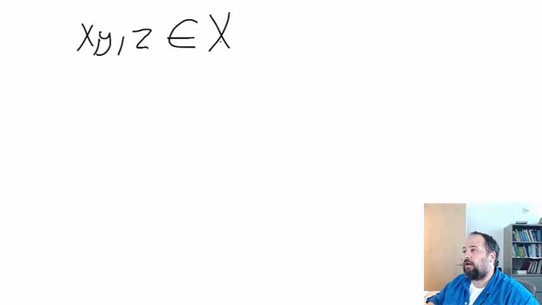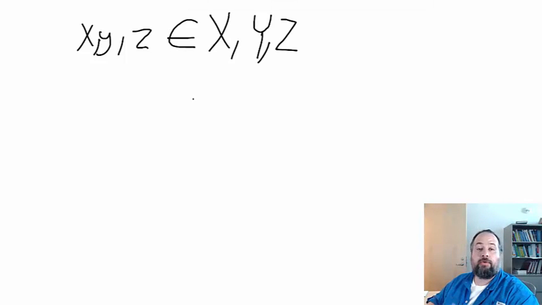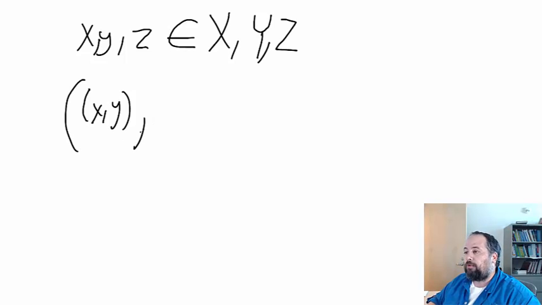Now, what about this case? What if we have x, y, and z that are members of X, Y, and Z? So what if we're dealing with a 3-tuple? Essentially, we've already ordered x and y, so we already have an ordering for every x and y. All we really need to do now is treat that as its own set and create another definition for ordering on z.